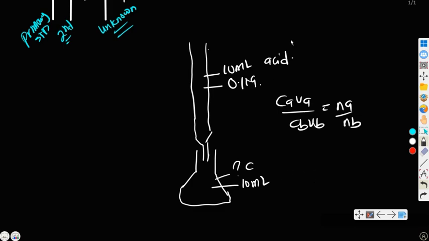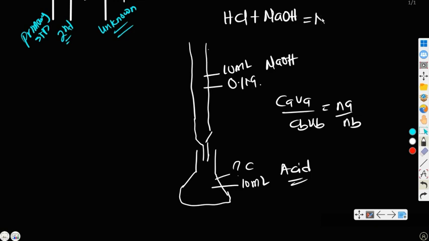Or in a situation where sodium hydroxide is your base, while here is your acid, what is your mole ratio? For sodium hydroxide reacting with HCl, what is the mole ratio? The mole ratio is 1:1, true or false? If you write the equation of reaction, what you are going to have is sodium chloride plus H2O. The mole ratio here is 1:1.